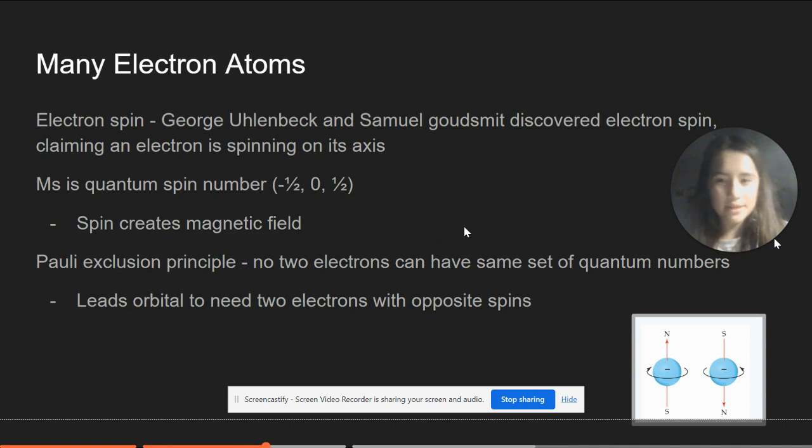If they had the same spin, then they would have the exact same set of quantum numbers, because they would have the same n value, and they would have the same value for being in the same subshell together.